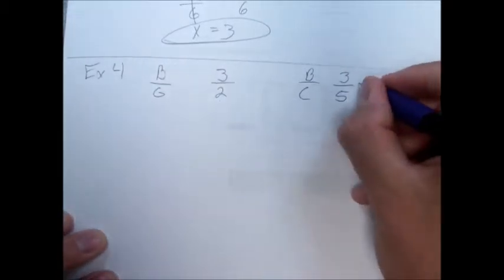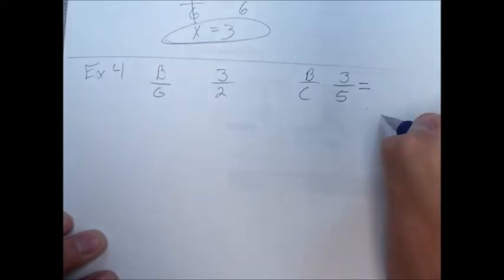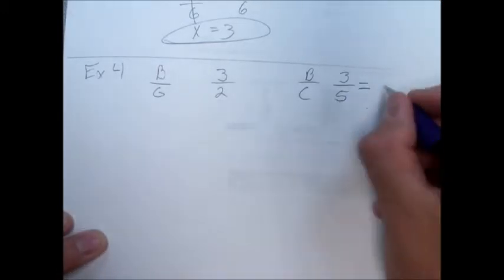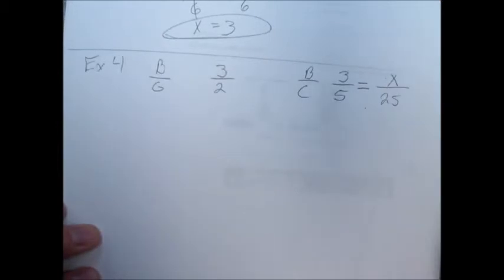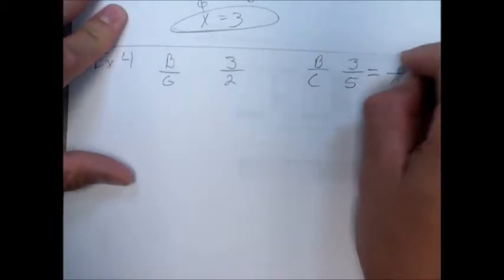And then as I'm setting up a proportion, it's a ratio compared to a ratio. This is total, my whole class. So what is the whole class? 25. And then I don't know what this is. I'm going to give it x, or I could give it b, whatever you want. Let's use b just so we can change it up a little bit and you get comfortable.